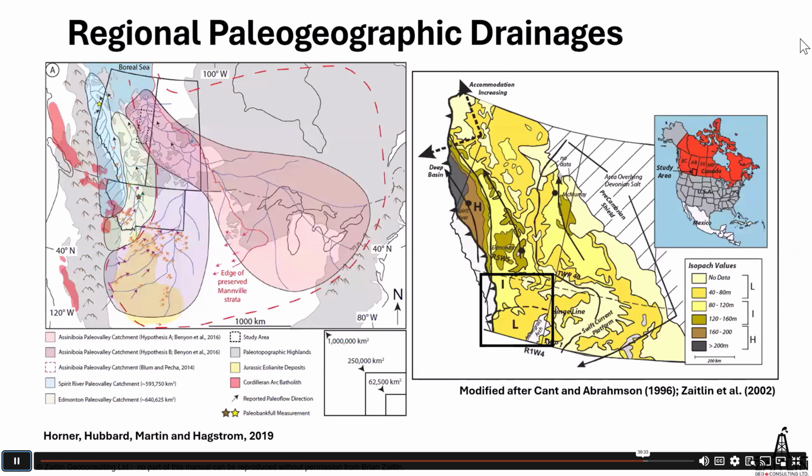If you take a look at the detail, because I'm going from the big to the small, if you start to take a look at the core, and the logs, and the petrography, and the chemostratigraphy, and the detrital zircons that are associated with these types of things, you're then able to map out distinct paleo drainages that are operating within these units.